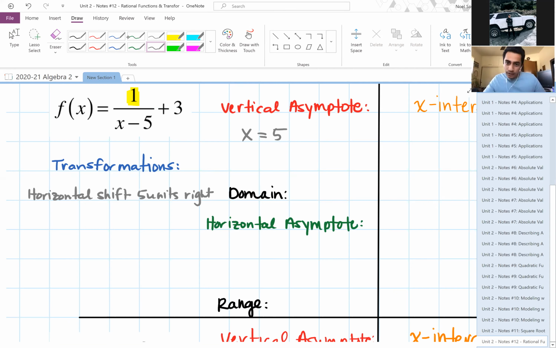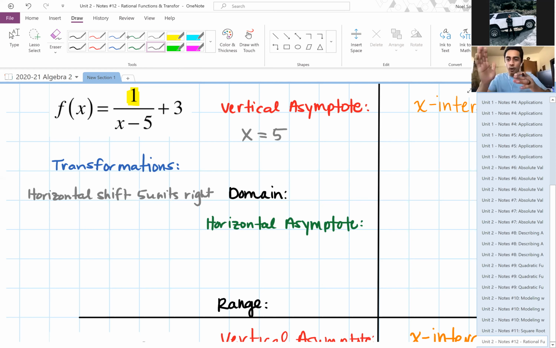Someone mentioned a vertical compression by a factor of 1. Well, if A is 1 already, I am only a compression if I'm smaller than 1. If the parent function starts with 1, and I'm at 1 right now, nothing has happened. There is no stretch or compression. It would be a stretch if there was a 2 or a 3 or a 4, something bigger than 1.